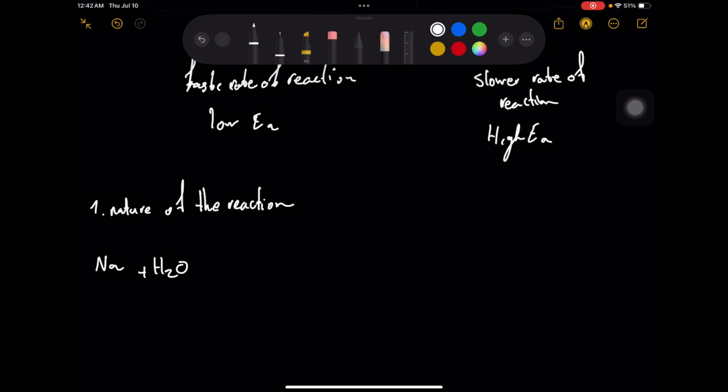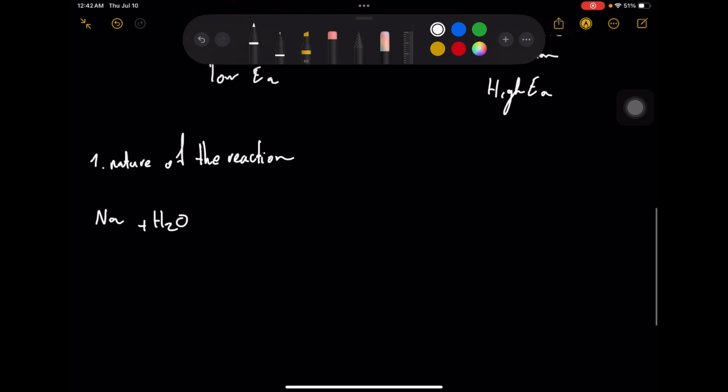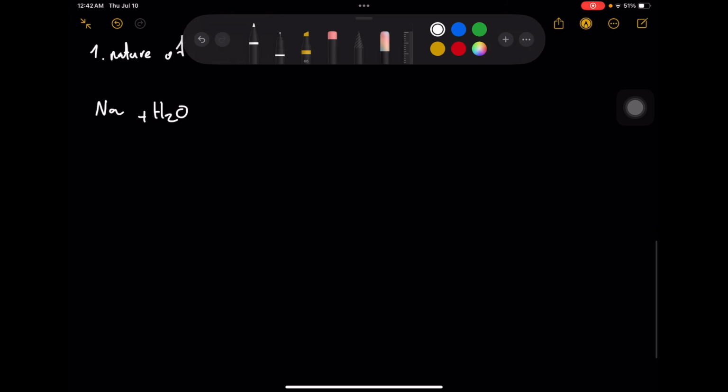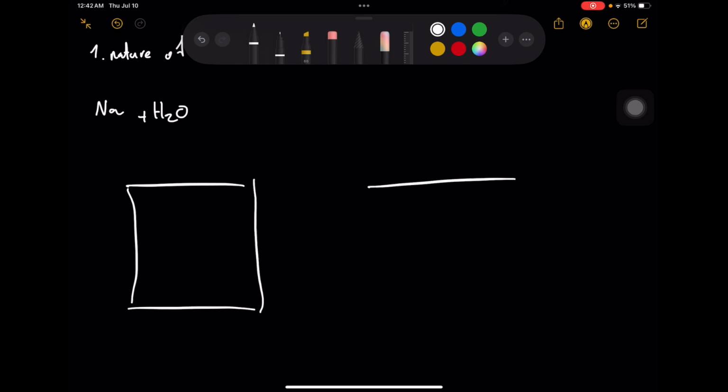And the other thing is the concentration. Increasing the concentration of the reactants increases the rate of reaction and thus lowers the activation energy. Greater concentration means more reactant molecules, which leads to a greater number of collisions. If you want to draw it, it would be something like this.